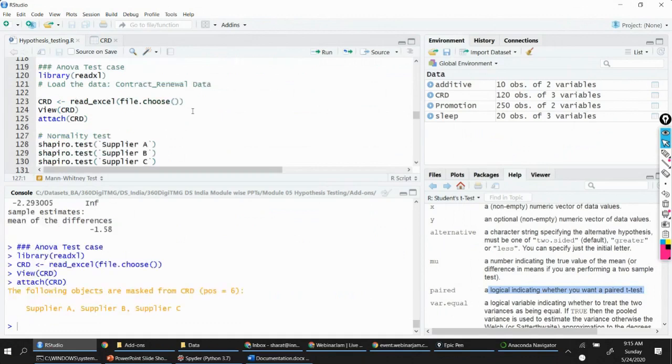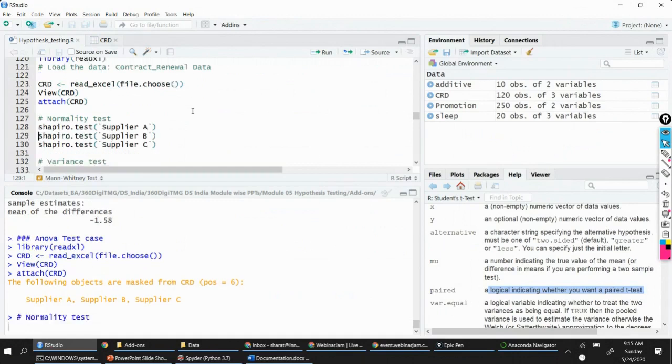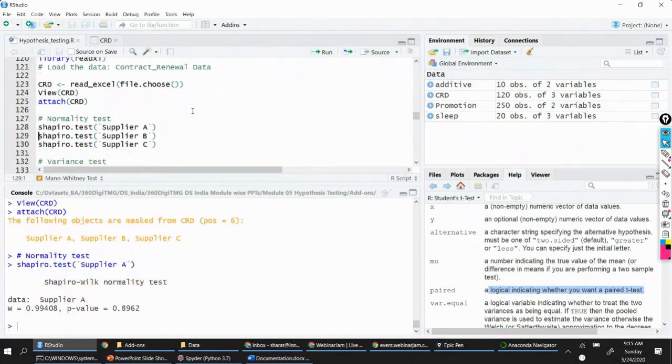And just like any other test we have done till now, we look at the normality test first. Either you do the Anderson-Darling test or you do the Shapiro test, both are fine. Here the p-value says it is greater than 0.05.